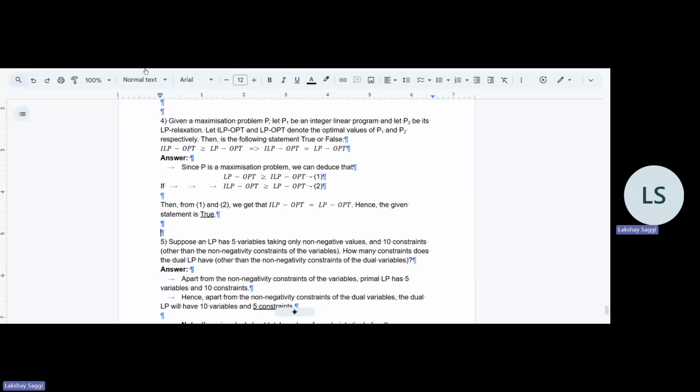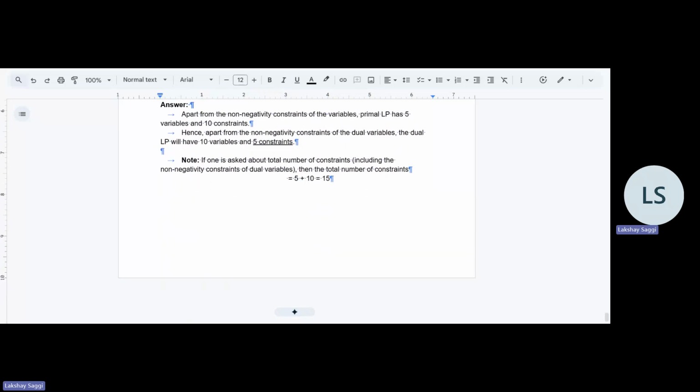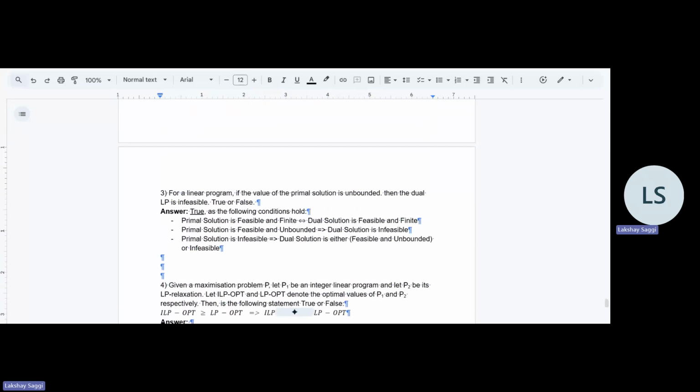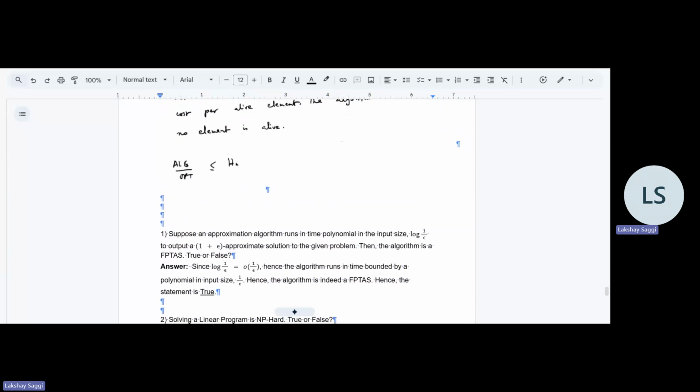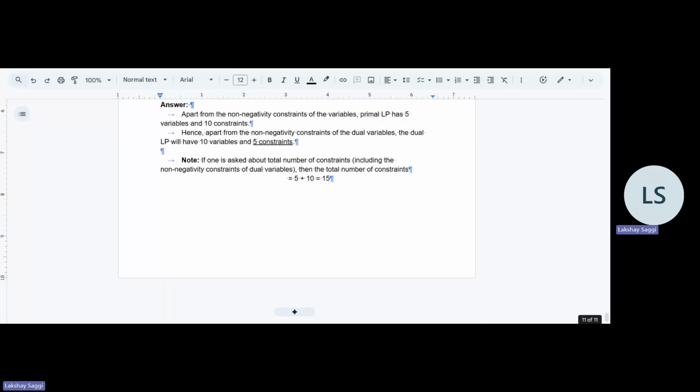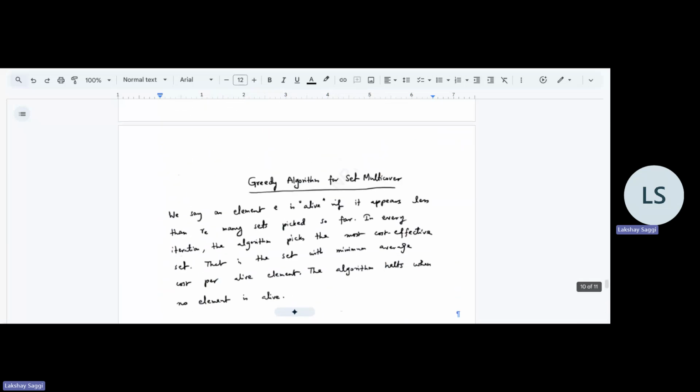Okay, then I guess this was it from my side. We discussed 5 problems related to this week's contents, essentially approximation algorithms and linear programming.